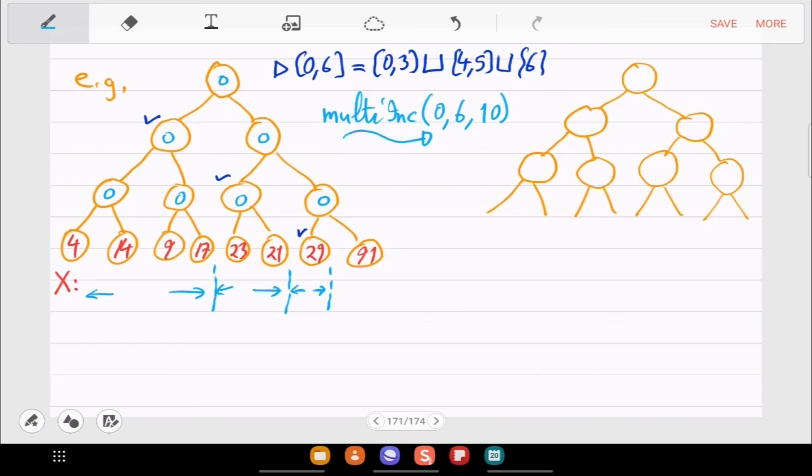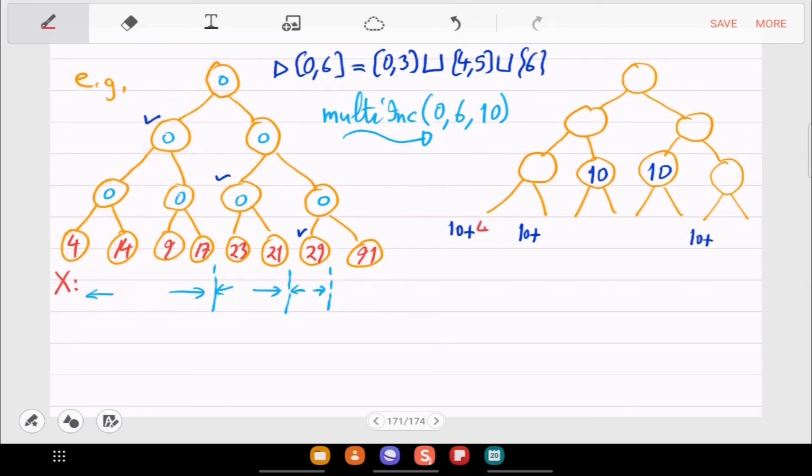So let me just do that now directly in the tree to give you the result. We want to do a 10 here, 10 here, and we want to add 10 to these places.